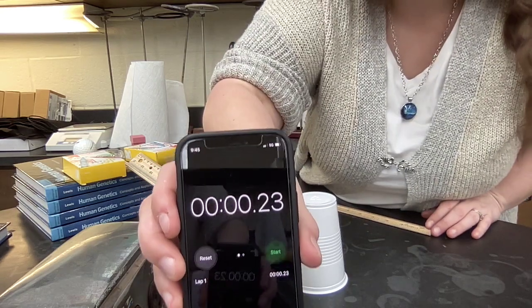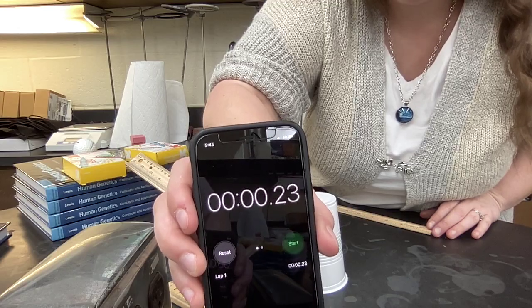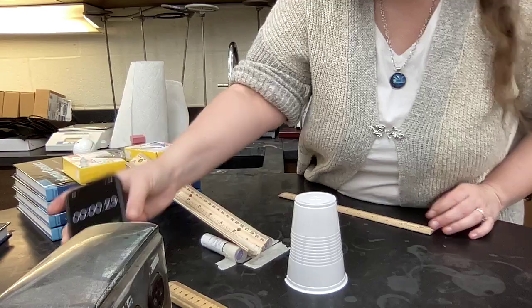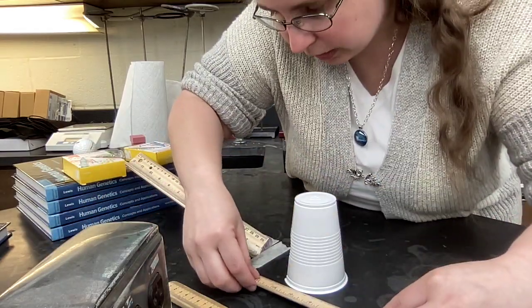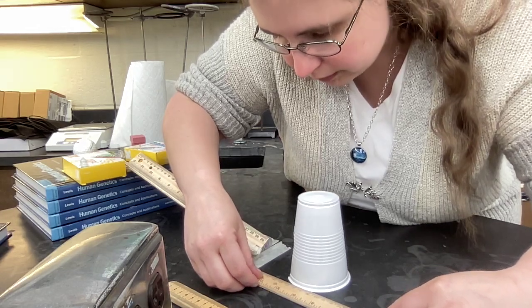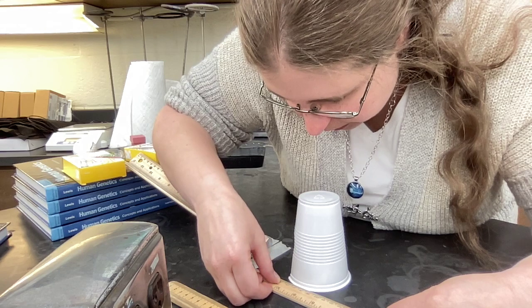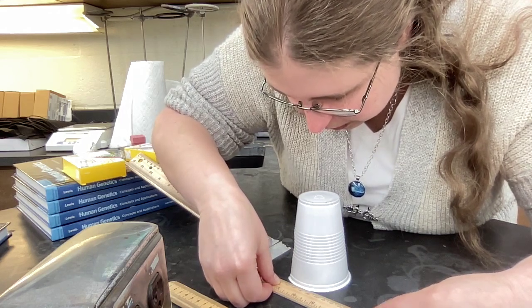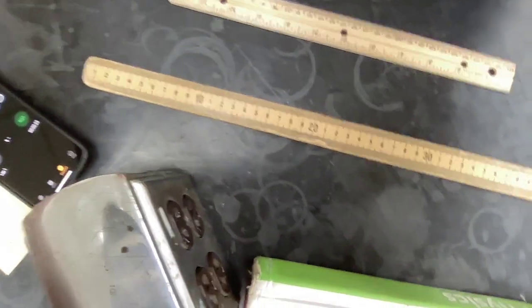All right. Here was the first time for the first trial for the ping pong ball. So that's time 1, 0.23 seconds. And the distance the cup moved was, let's see. Okay, I'll show it to you.